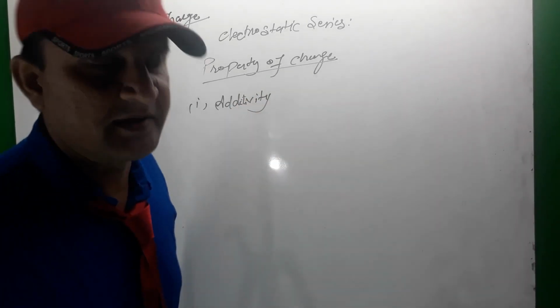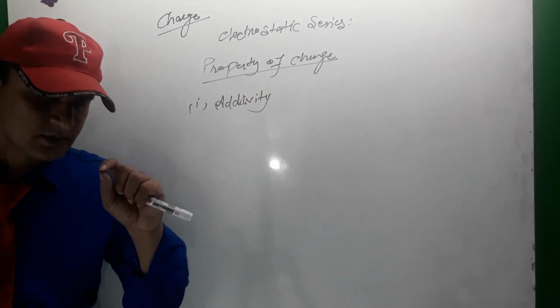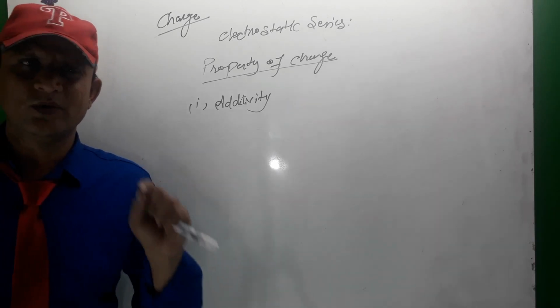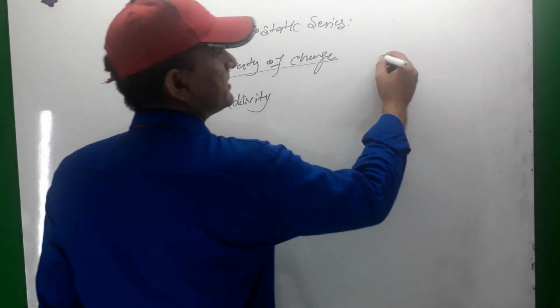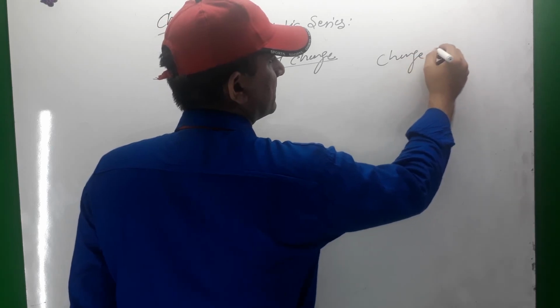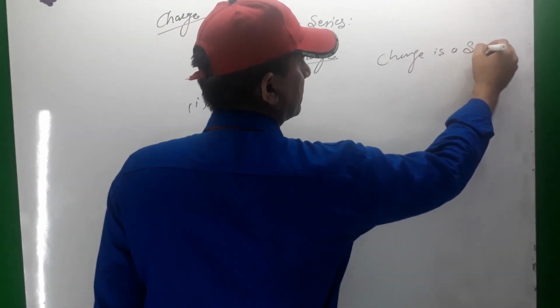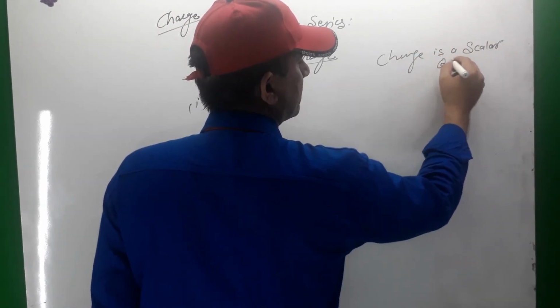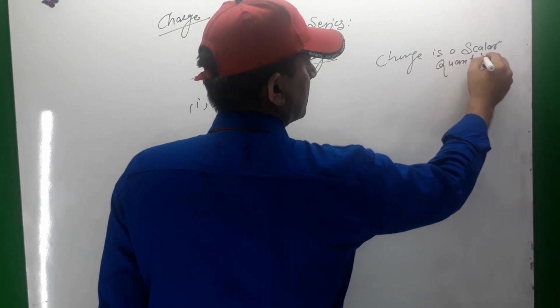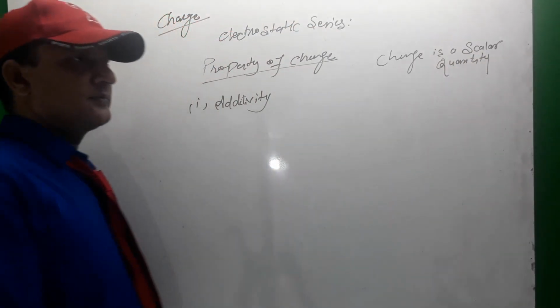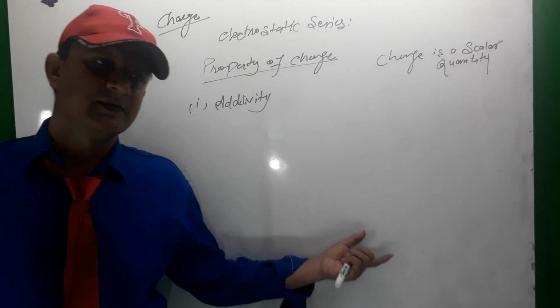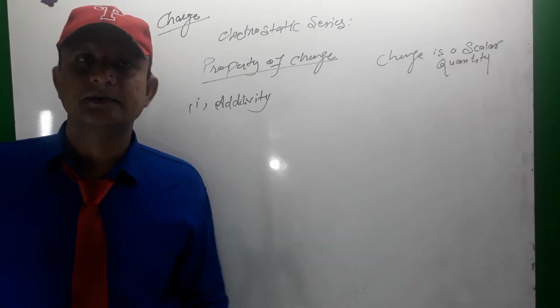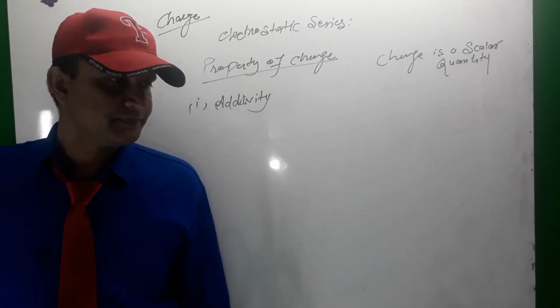Number 1, additivity. Means charge is a scalar quantity. Perhaps in first year you have learned about scalar and vector.